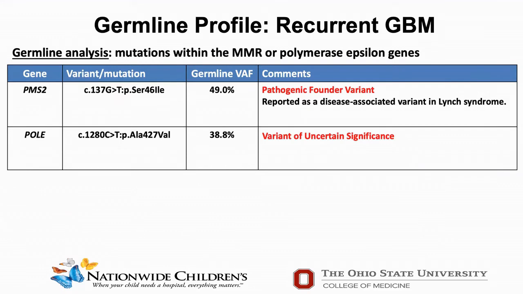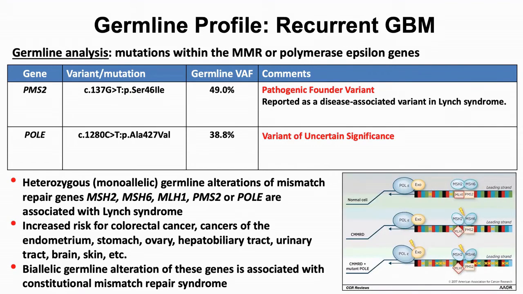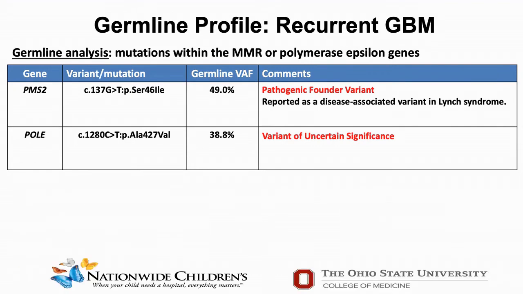And what we were able to identify from the germline analysis is shown here. This is a patient with an inherited PMS2 pathogenic founder mutation, which is associated with Lynch syndrome and a significantly higher susceptibility to cancers. The patient also had a polymerase epsilon variant, but this was of unknown significance in the germline.